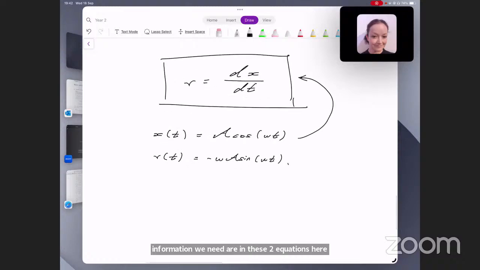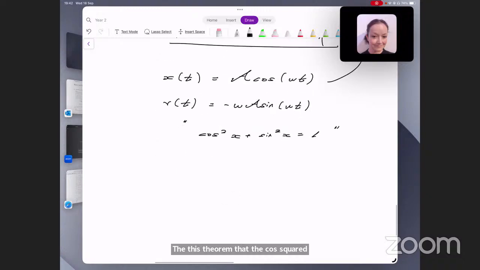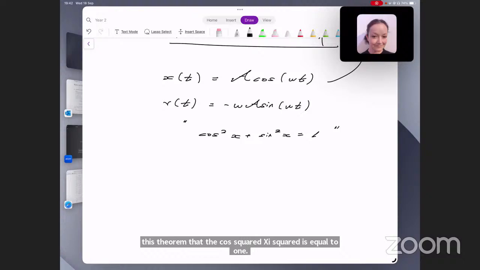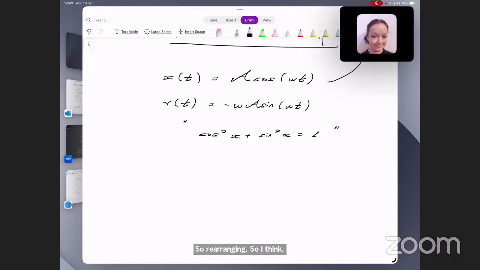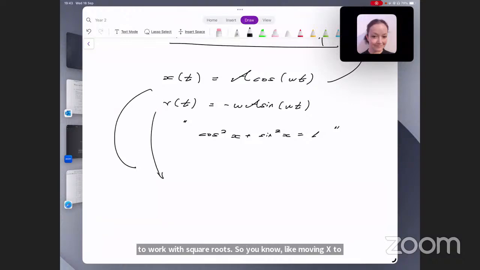The best way to rearrange to get rid of the sines and cosines, because they don't appear in our final expression, is to remember this theorem, I forgot what it's called, that cos squared x plus sine squared x is equal to 1. I like to think of it as, instead of working with square roots, like moving sine squared x to the other side and square rooting the whole thing, we square these expressions.